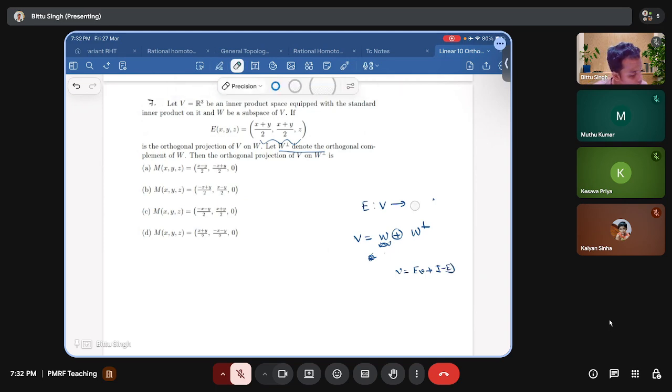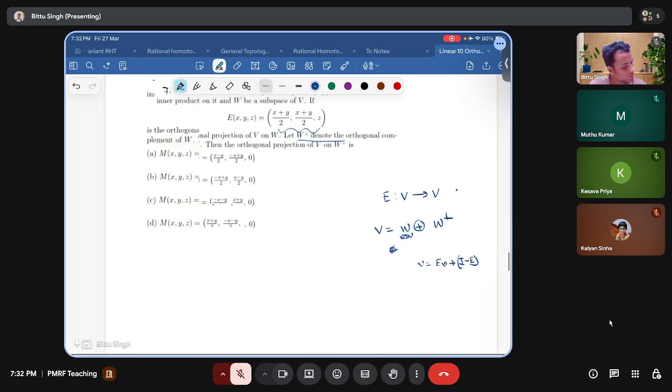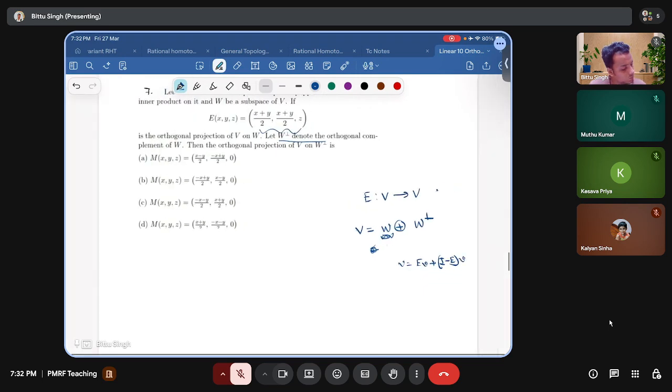But here we write E from V to V, otherwise addition with identity will not make any sense. So W is the range of E, and W perp comes from the range of I minus E, the identity operator minus E. We can use this to find W perp.